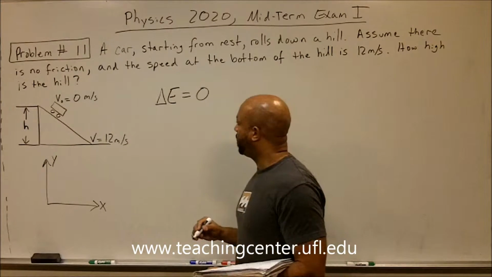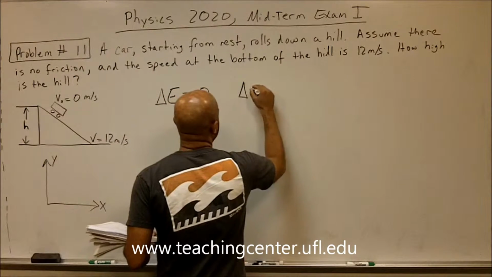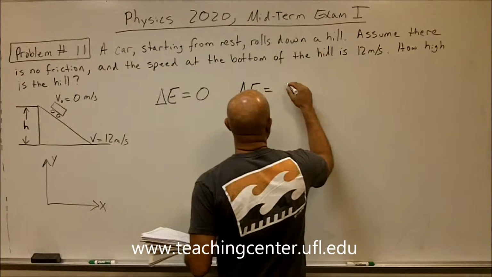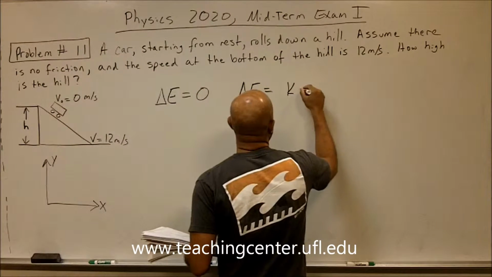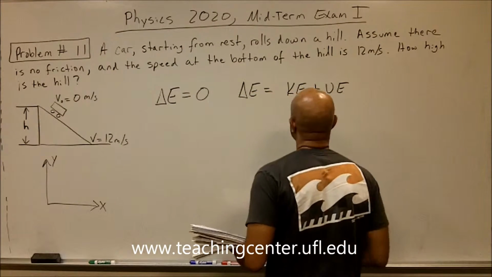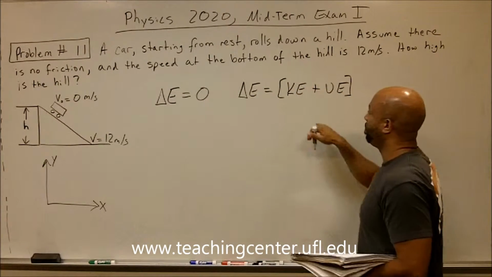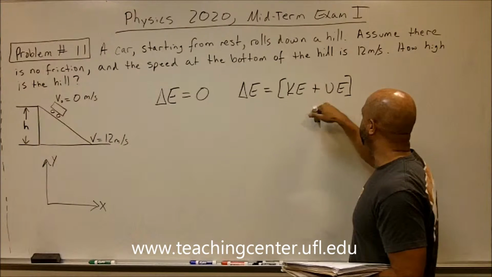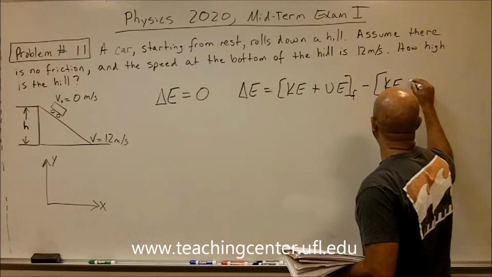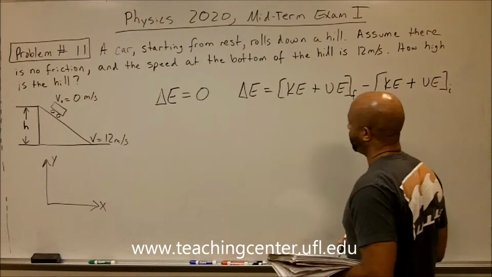All right, so given this information, the change in energy would be defined as your kinetic energy plus your potential energy, all right? And this would be the final kinetic energy and the final potential energy minus your initial kinetic energy plus your initial potential energy, okay?